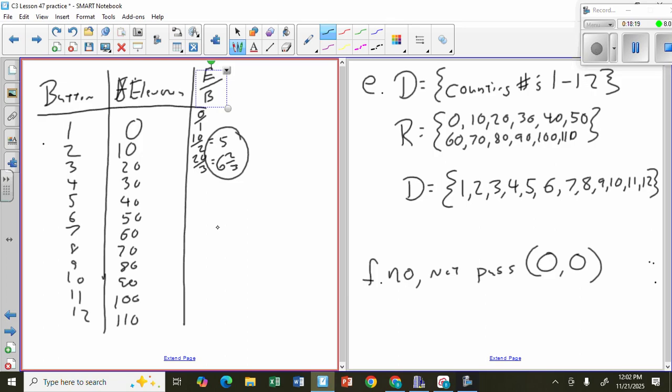So my elevation is going to be equal to 10 times the button I push minus 10. 10 times 1 is 10, minus 10 is 0. 10 times 2 is 20, minus 10 is 10.